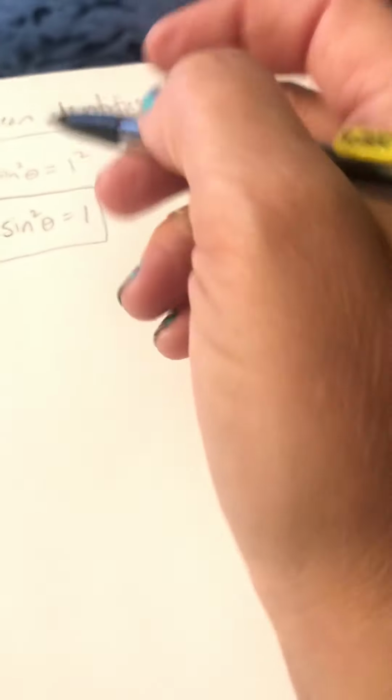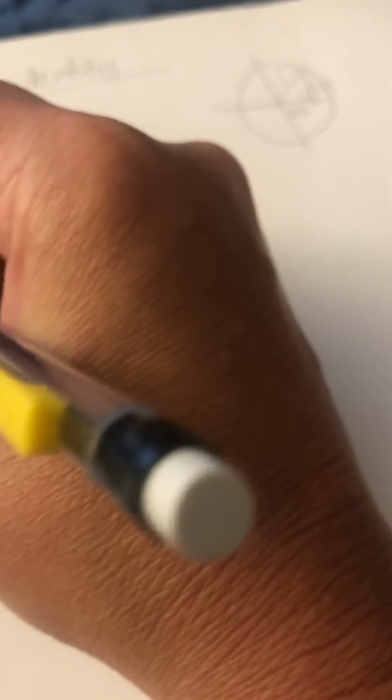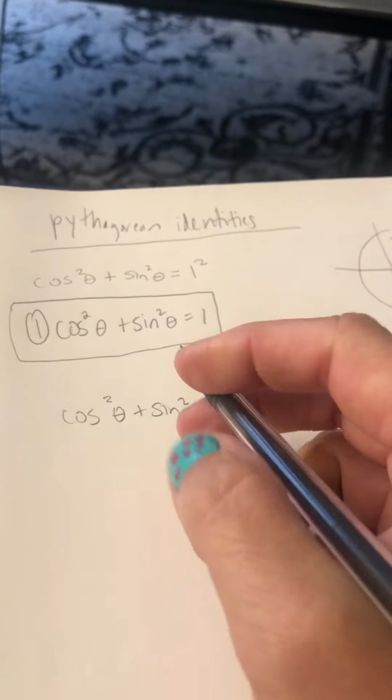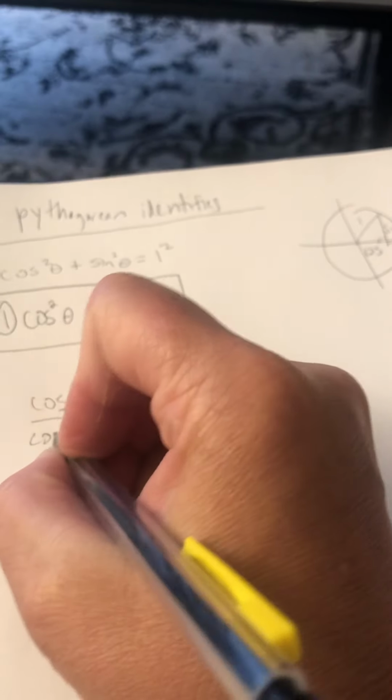Now there are 2 other Pythagorean identities that we can get from that. Okay? So first one, we're going to divide everything by cosine squared.